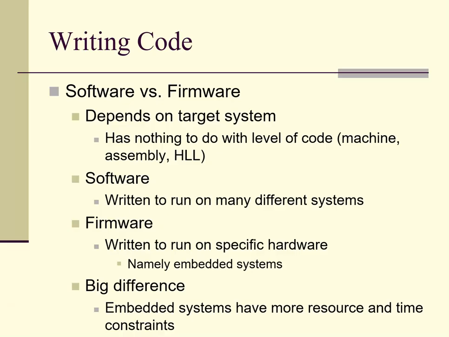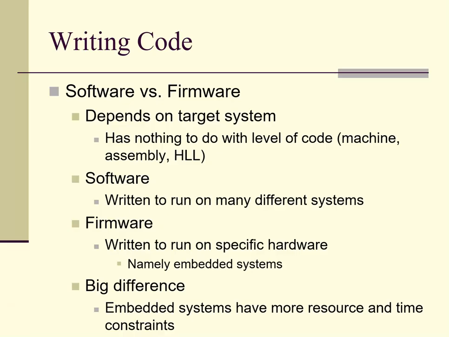Firmware is written to run on a specific piece of hardware, namely embedded systems. Now, if you imagine embedded systems, they have specific input and output devices as compared to like your general laptop computer. They all share the same input and output devices, roughly speaking.